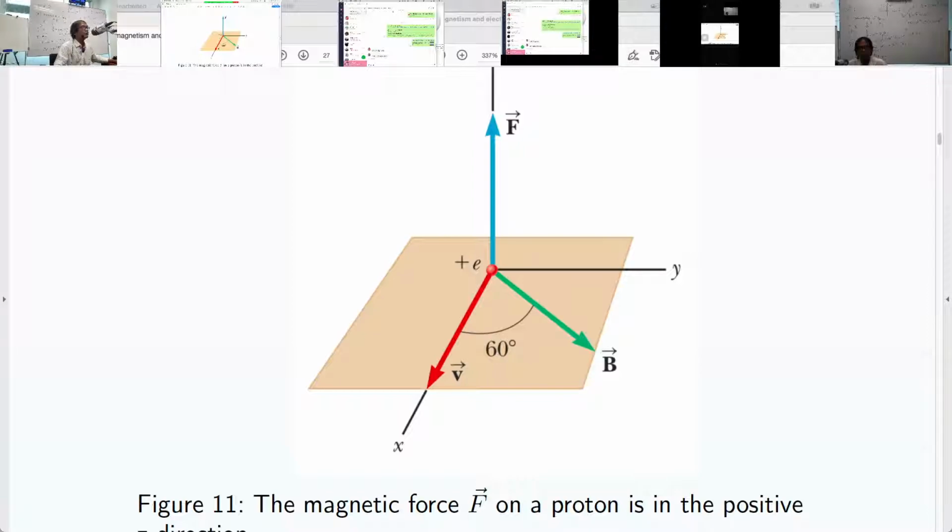We can use the right hand rule to find the induced magnetic force direction, and after that we will use the formula F equals QVB to find the magnitude of the induced force. You can use your right hand, curl or turn from V to B, and your thumb is going to point upward like this, and that's the first thing we can simply determine, which is the direction of the induced magnetic force.